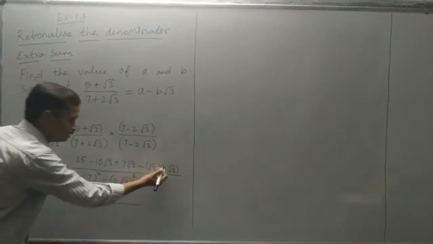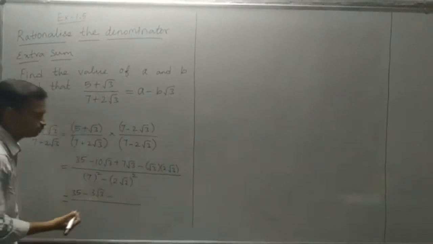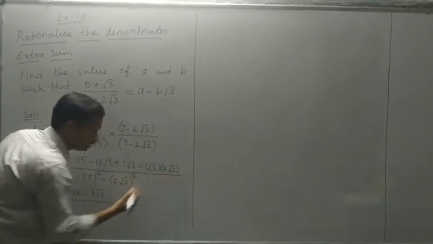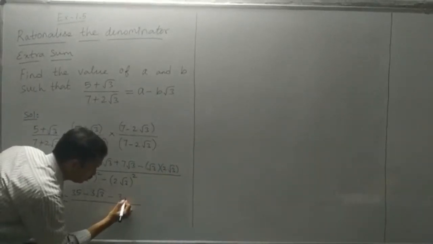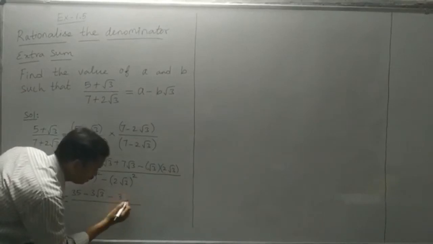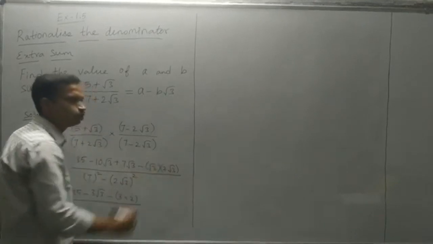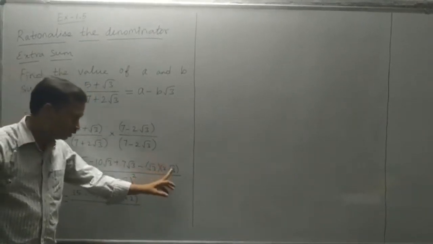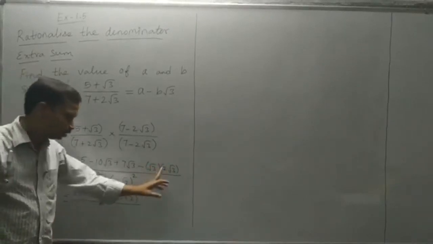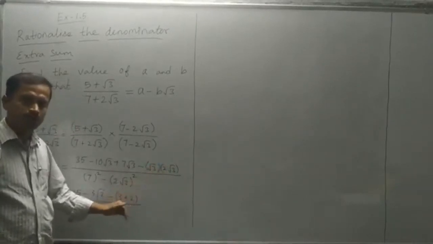Clear? And here minus, root 3 into root 3 first of all becomes 3, and then this 2 is there, so into 2. How to multiply that? First root 3 into root 3, 3, and then 2 is there, so into 2.